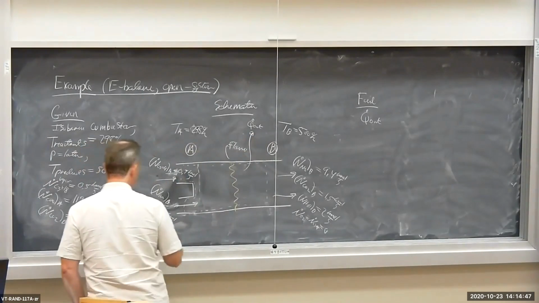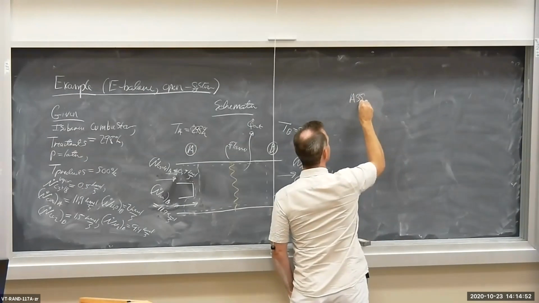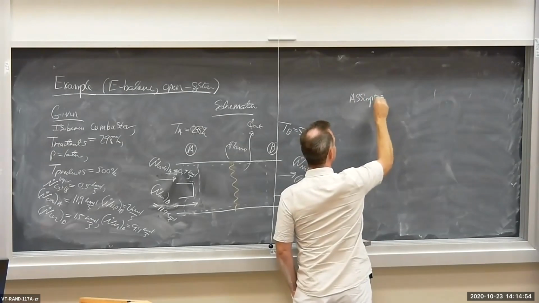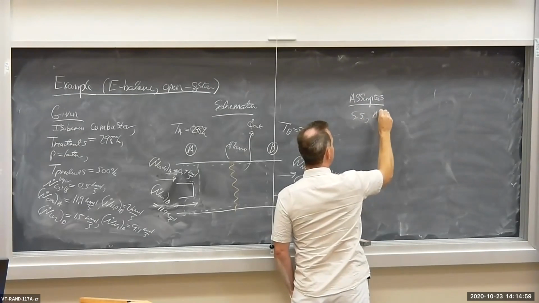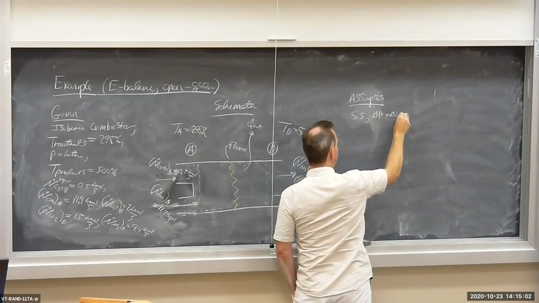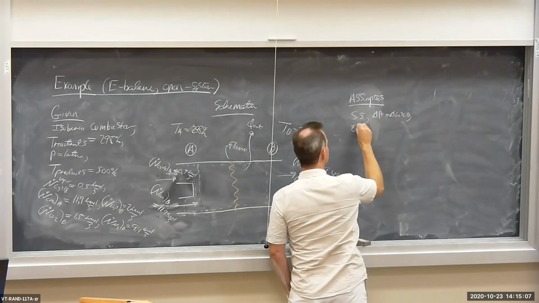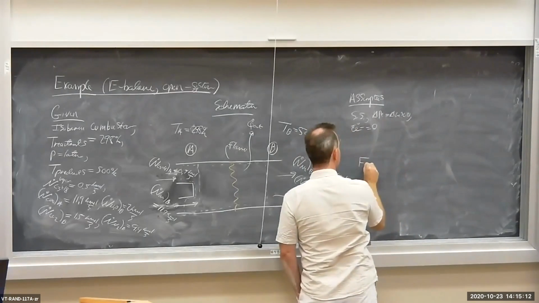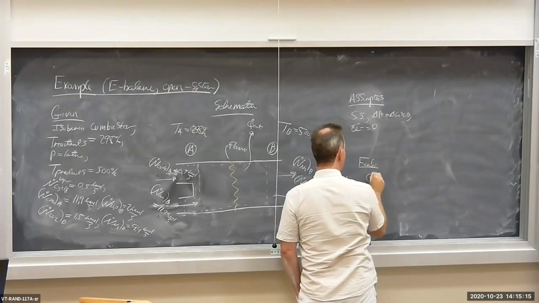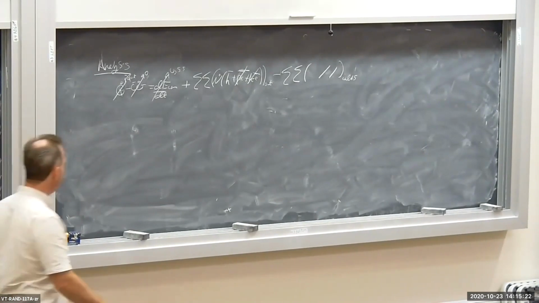So assumptions: steady state, delta PE, delta KE approximately 0, and then W dot is equal to 0, okay? So we're supposed to find Q dot out. Okay, well that simplifies things a little bit.